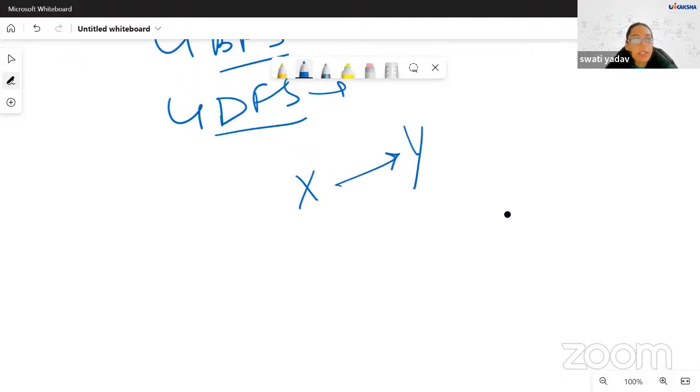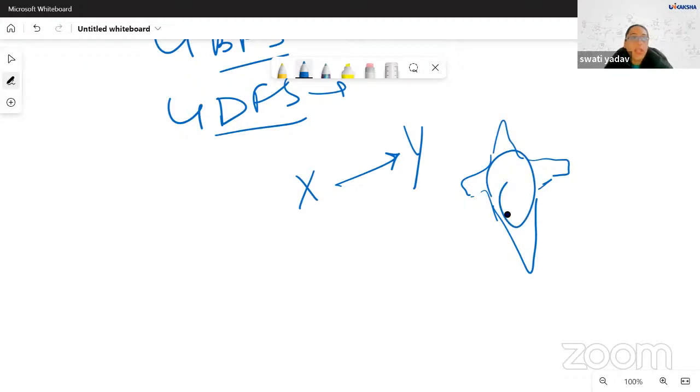A DFS might go on a path almost around the whole country without realizing early enough that Y is just two states away. Even if X was here and Y was here, it will still go through all the states, and then give you the result.